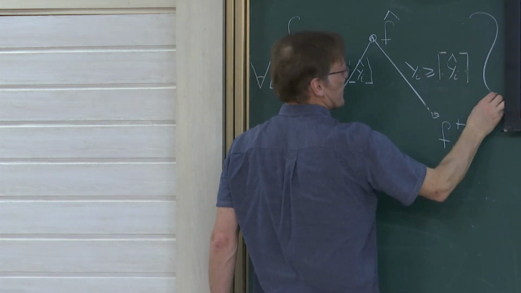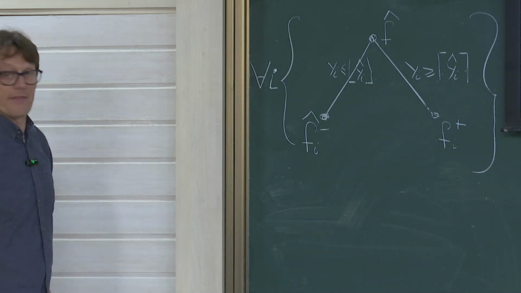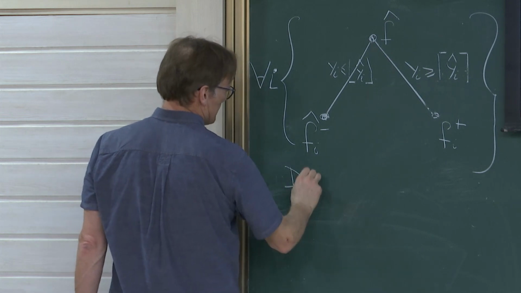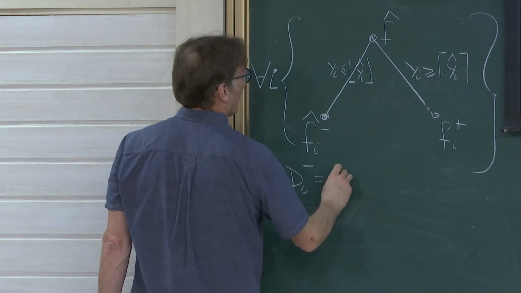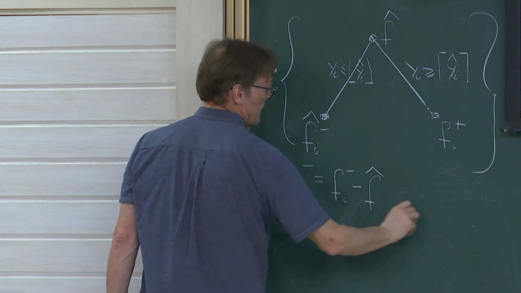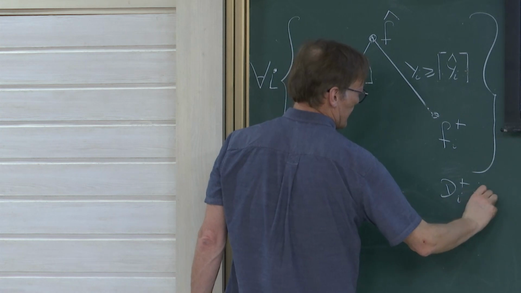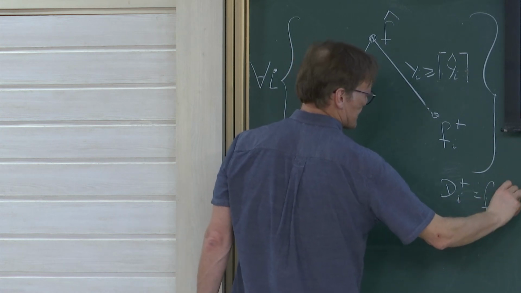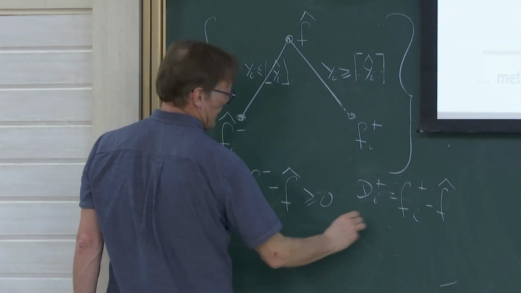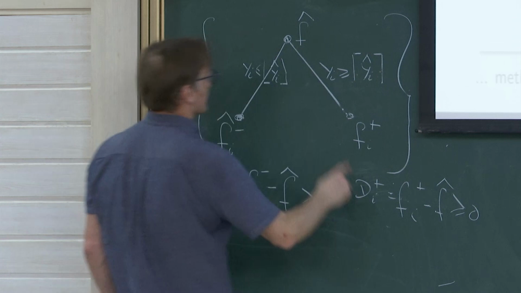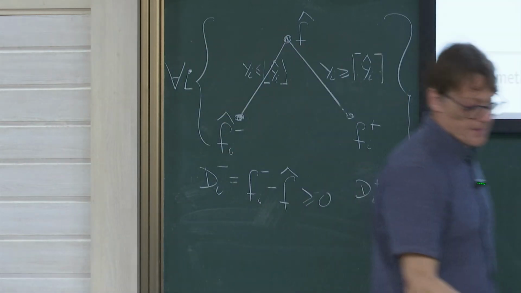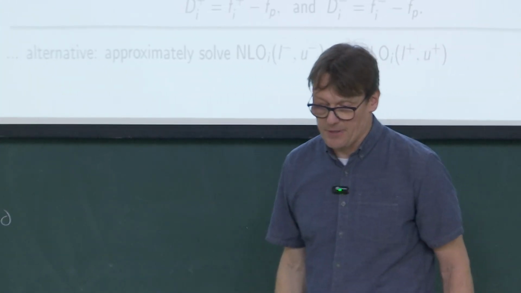That seems like a lot of effort, but it is one possible way of computing these degradations, which then is di minus is fi minus minus f hat, and di plus is fi plus minus f hat. Both of those will be non-negative because you added a constraint in both cases which pushes up the objective function. So here's a couple of ways of how you can compute those.